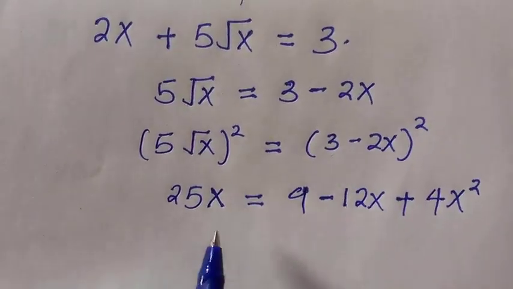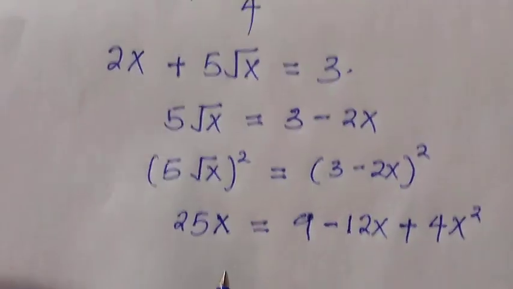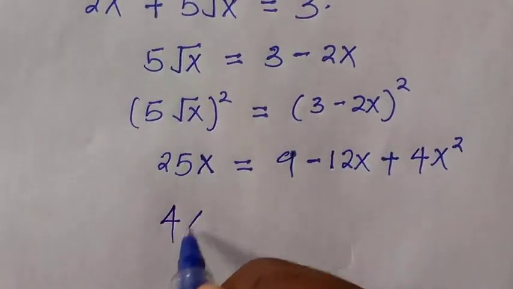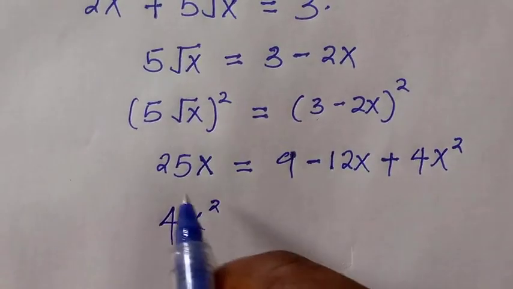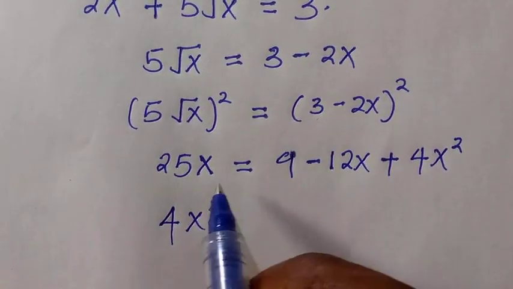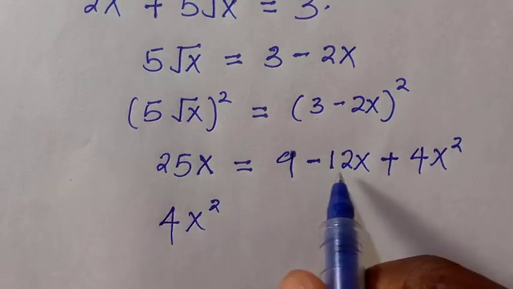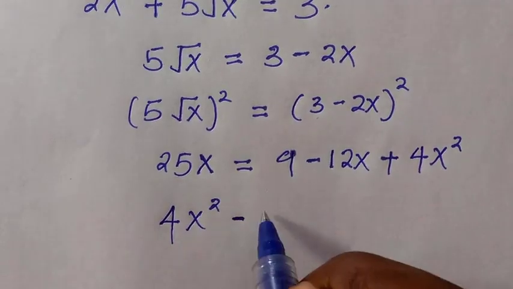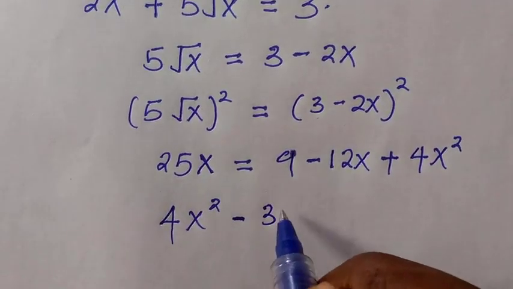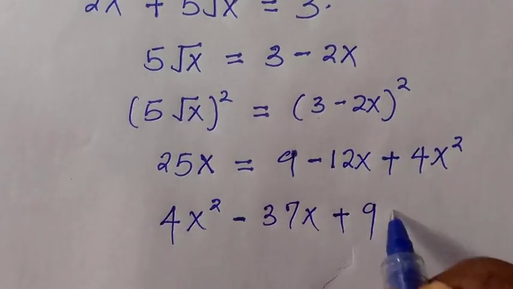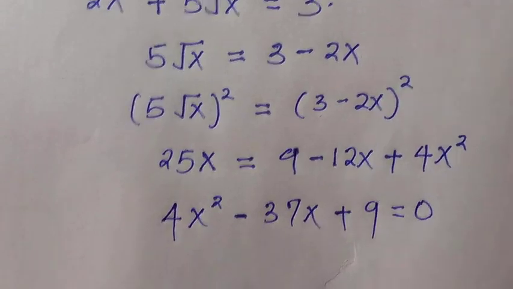By collecting all of these to one side, the whole of this becomes 4x squared. When this 25x comes here, it becomes negative, and minus 25 minus 12 gives minus 37x plus 9 equals 0.